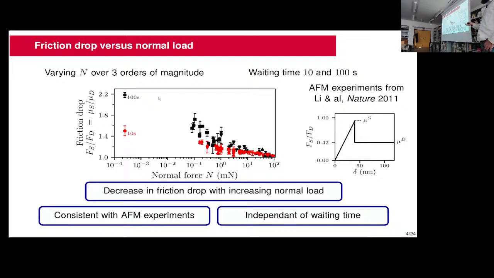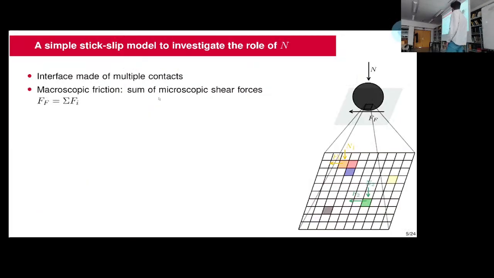So now the question is, what's happening when we go from low normal load to high normal load in our system, where we have just a sphere on flat contact? To investigate that, we propose a really simple model of a stick-slip at the interface, where we consider that the interface between the sphere and the wafer is made of multiple contacts, as we saw previously.